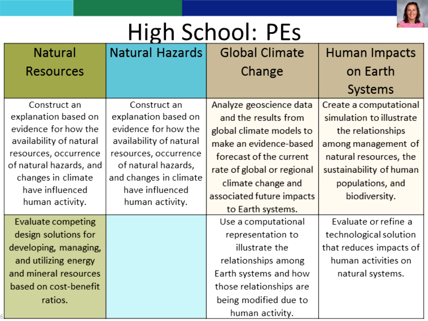And now here at the high school level, we see students progressing on to constructing explanations based on multiple lines of evidence, on analyzing data and models, forecasting changes and rates of change, using mathematical models to demonstrate relationships. You can see some real strong connections here to the Common Core as well, to doing things like creating computational simulations to illustrate relationships between components of systems and evaluating and refining solutions now.